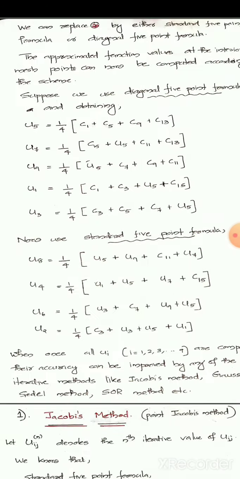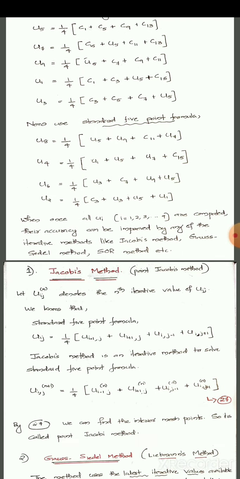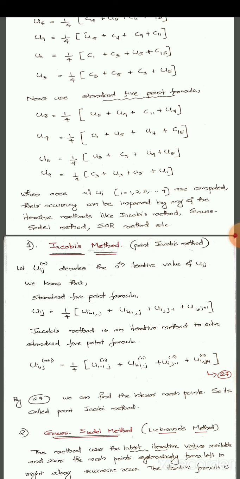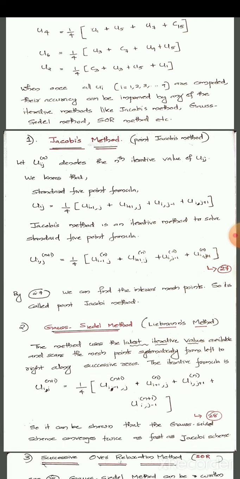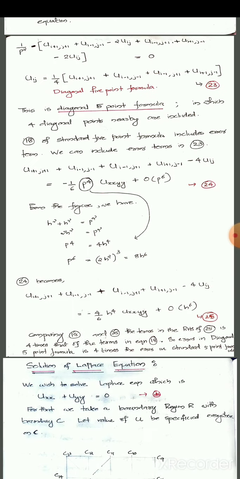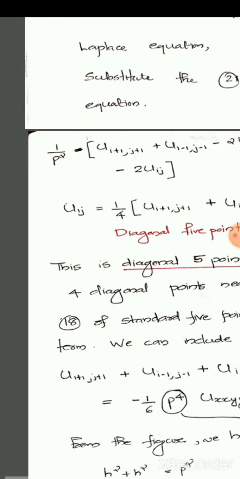Thus we can find all the interior mesh points. Iteration methods like the Jacobi method, Gauss-Seidel method and SOR method improve the accuracy of finding the solution of the Laplace equation or the diagonal 5-point formula.